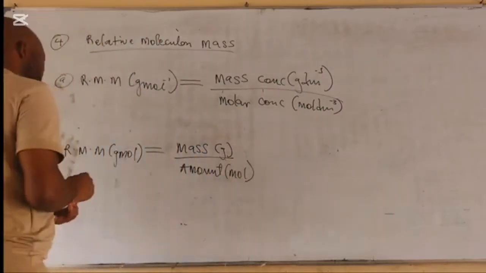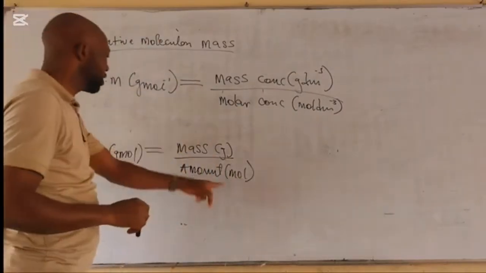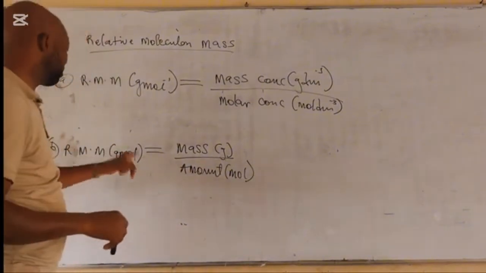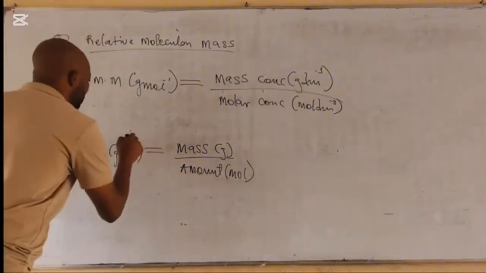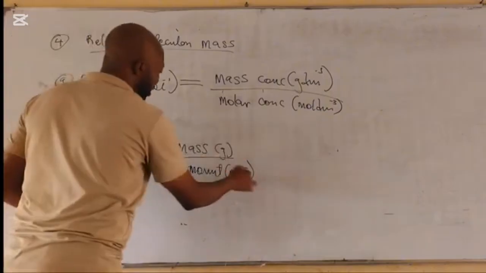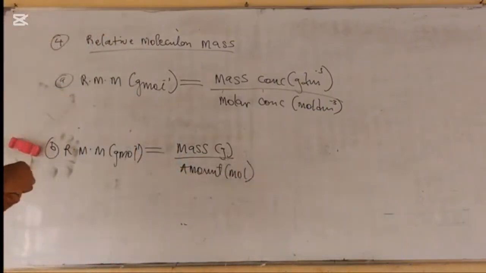Let's see, this is per mole. So this is gram per mole. So that's correct. That's our second formula for relative molecular mass.